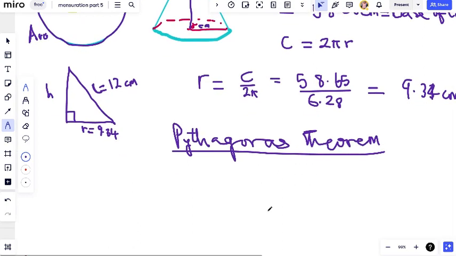Remember Pythagoras theorem, right? The two short sides, the square of them, add them, equal to L square, the longest side square, okay? Here, h square plus R square is equal to L square.